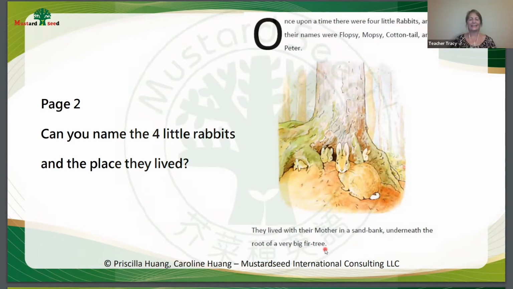Yes, exactly. Good job, Paul. Excellent reading. Okay, so once upon a time, that's how we start a lot of our stories and a lot of our books. There were 4 little rabbits, right? And their names were Flopsy, Mopsy, Cottontail, and Little Peter. And they all lived with their mom in a sandbank underneath.